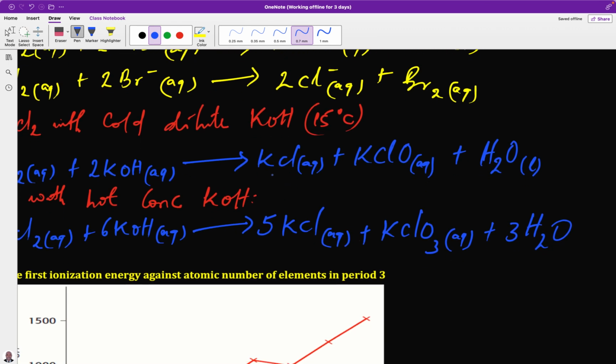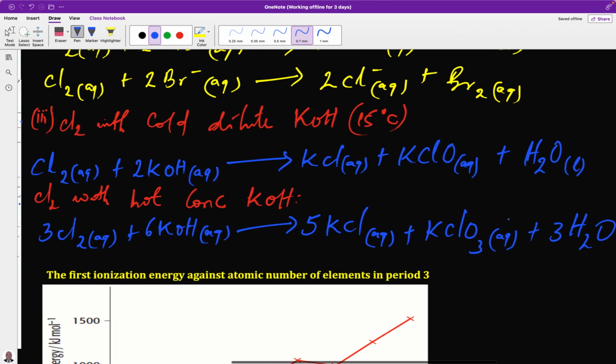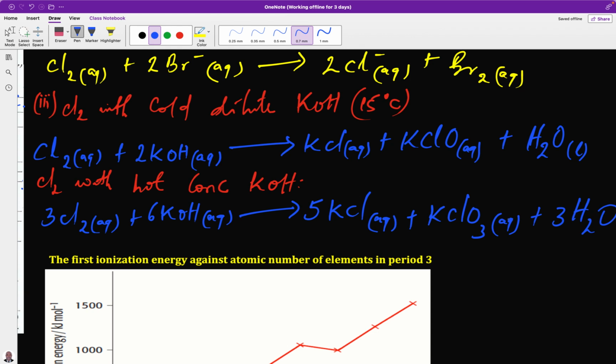The change here we call dilute. See the change here we call dilute. And see the change here. So you now see that there is a change there. So that is what is being produced with hot concentrated potassium hydroxide. That is what is being produced.